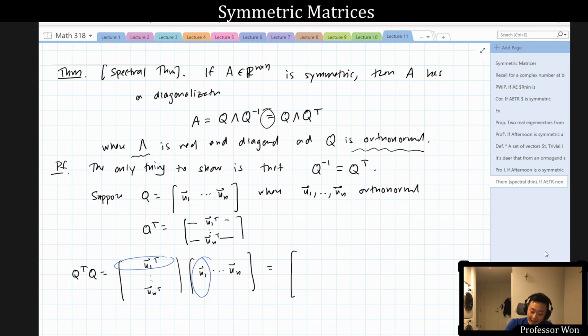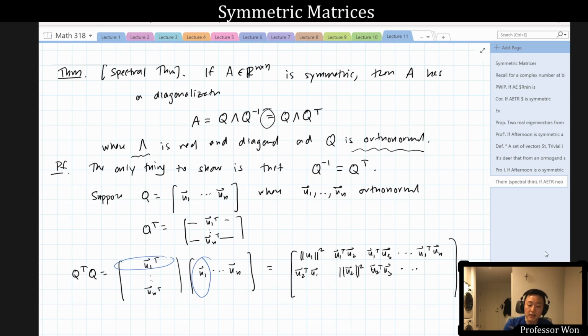What I'll get here is the length of u1 squared, and then I'll get u1 transpose u2, u1 transpose u3, u1 transpose un. And in the next column, I'll get u2 transpose u1, the length of u2 squared, u2 transpose u3.